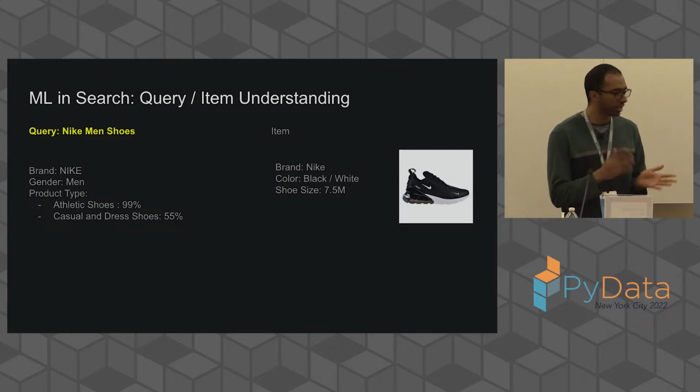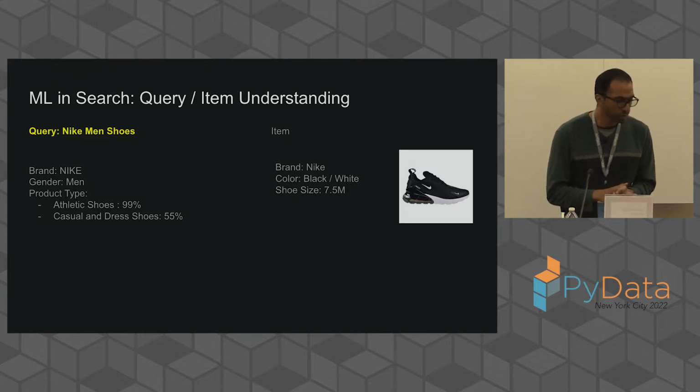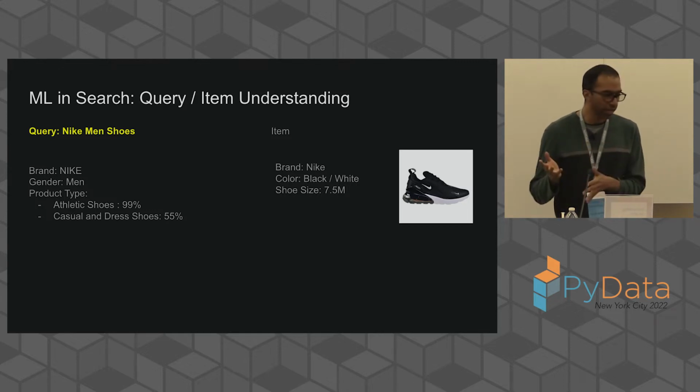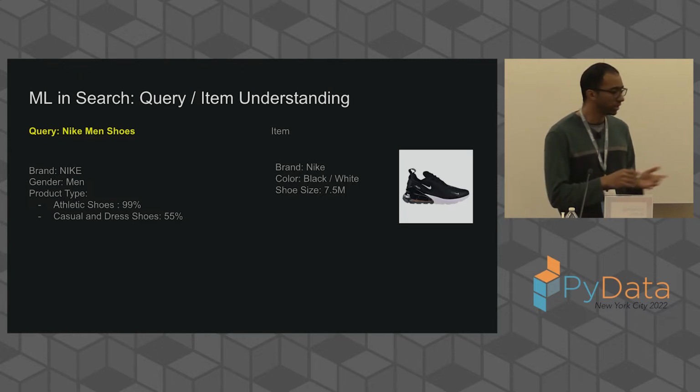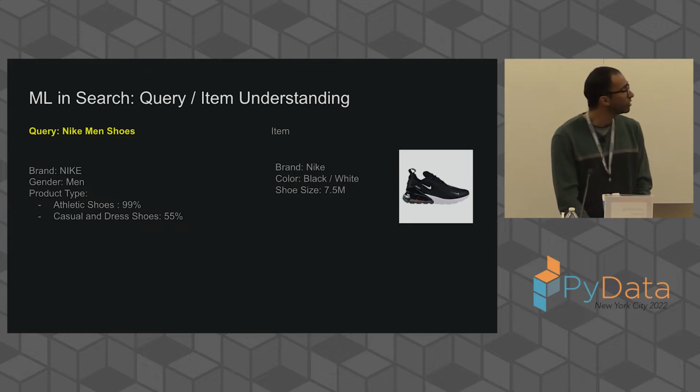And let's assume in the catalog, all these attributes are parsed properly. So once you understand the query intent of Nike men's shoes, can you match it to the item side? There can be several models involved in this piece, but today let's just focus on, given a query, can I parse the product type correctly?